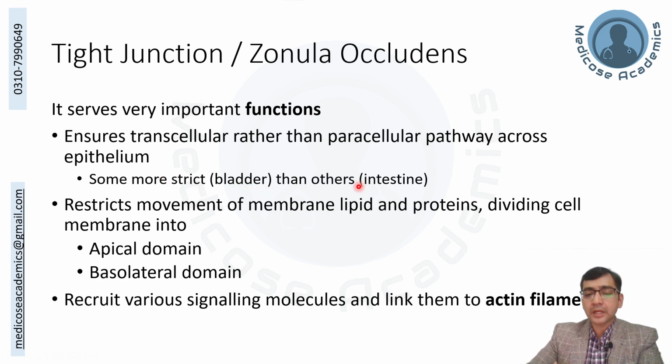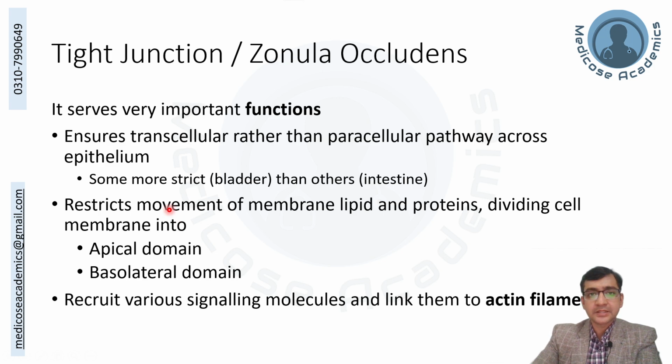In others, like the intestine, like in the colon, where water absorption is required and we want fluid to go through, the occluding junctions are not that tight or extensive, and they are not 100% waterproof.